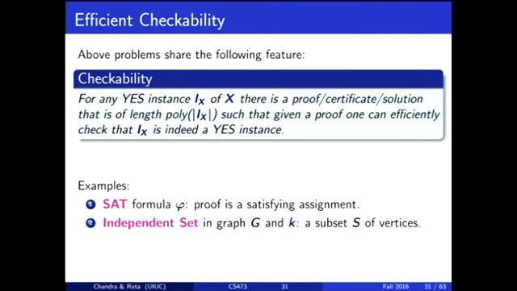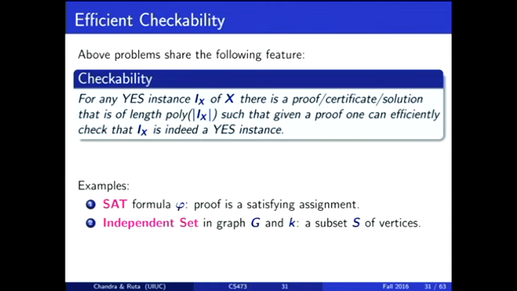So what does it mean formally? These problems have the feature that if I give you a solution to them, it's easy to check that it is a solution. So what does it mean concretely? If I give you a formula and I want to convince you that it is satisfiable, I can give you a satisfying assignment, and you can verify very easily that, yes, of course this satisfies the formula.